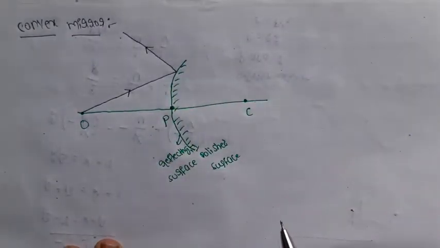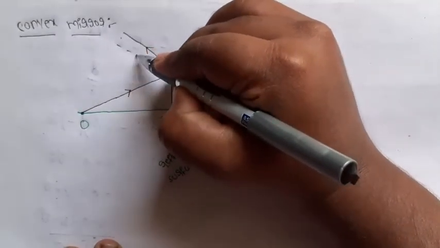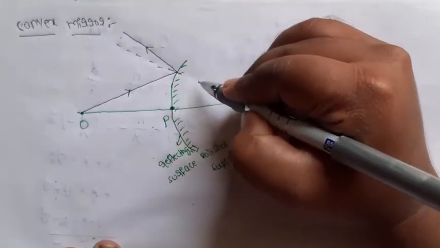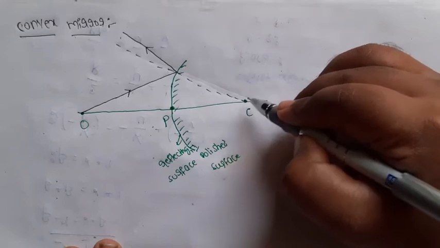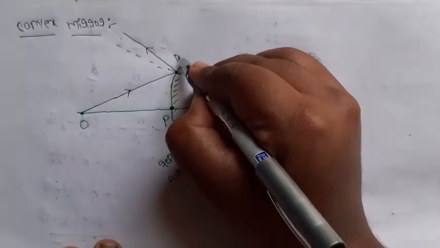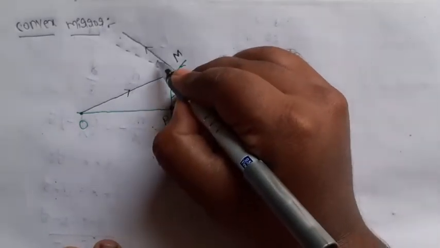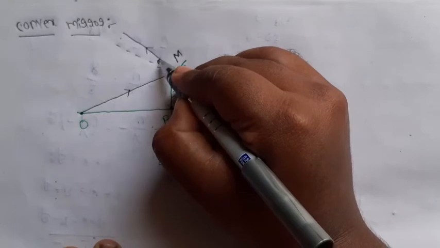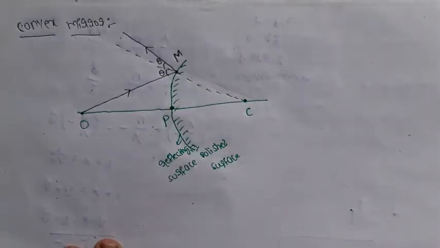I am drawing from the center of curvature. This is the normal line. I am taking here point M because it is on the mirror. So this is the reflected angle theta. This is the incident angle theta.